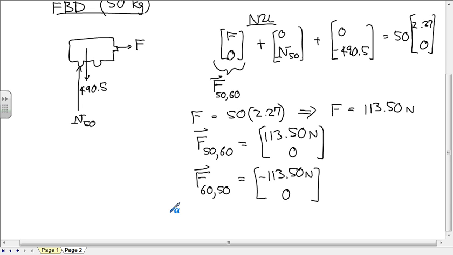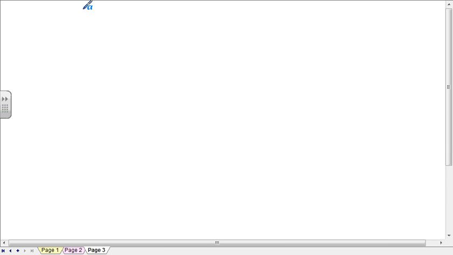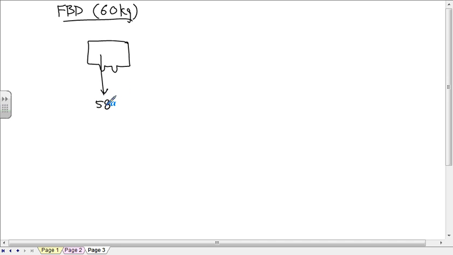Yeah, let's do that, because I think it's a good exercise to see how you get the same thing. So if you draw a free body diagram of the 60 kilogram cart, you have the weight, 588.6.